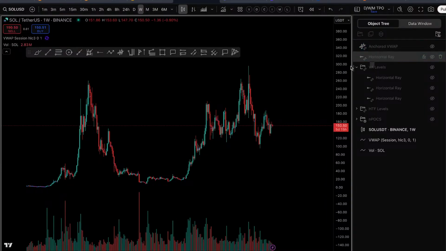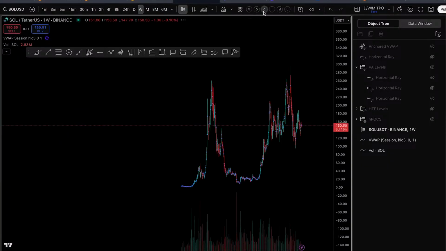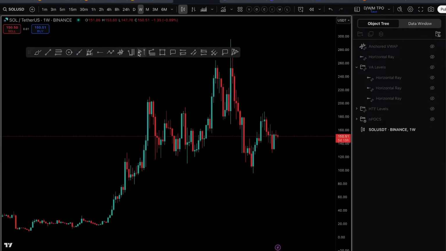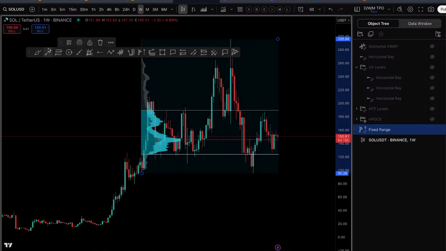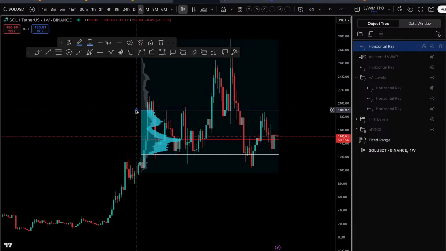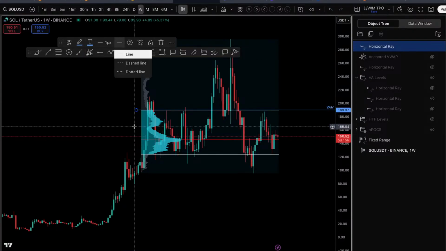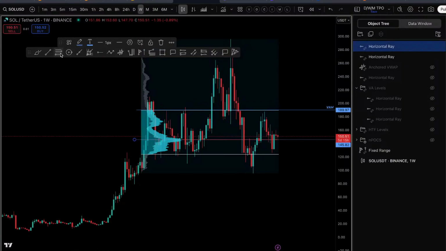Okay, wait. Let's just mark the value areas of this range. Simple. Keep it simple. Value area high. Point of control.